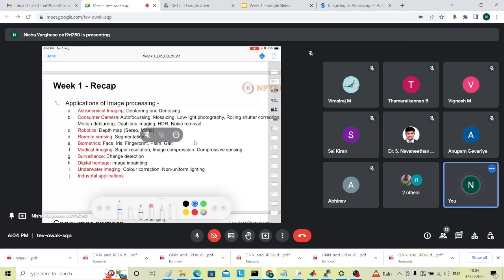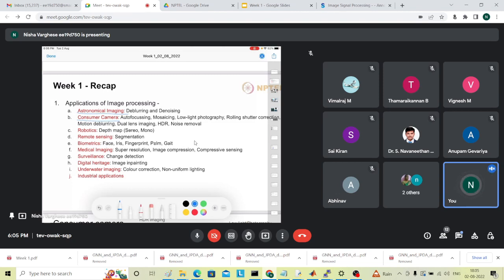The first topic discussed in week 1 was applications of image processing. So professor already discussed these topics. First one is astronomical imaging. For that, deblurring and denoising are done as the application of image processing. Then comes consumer camera. There we have different applications. So I'll show some of the pictures so that it will be understandable to you.